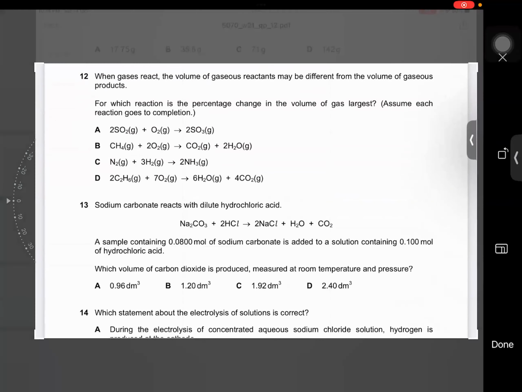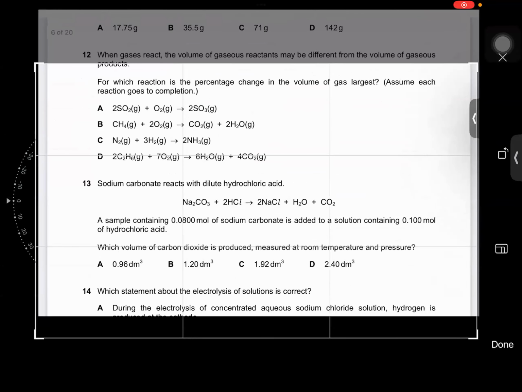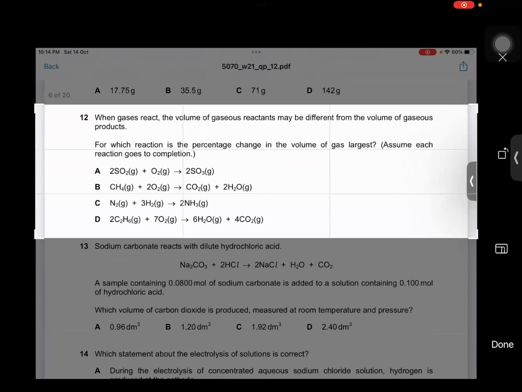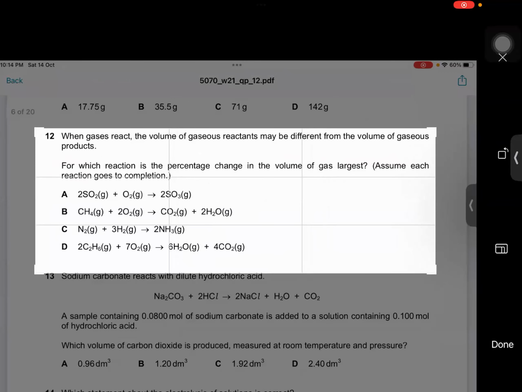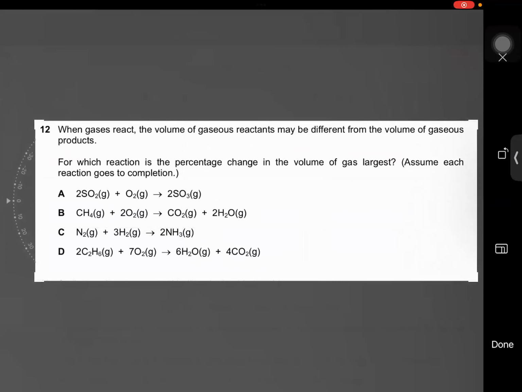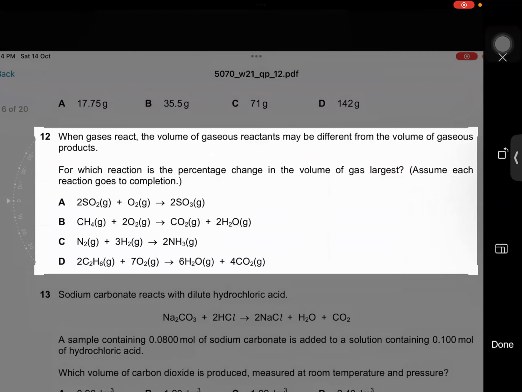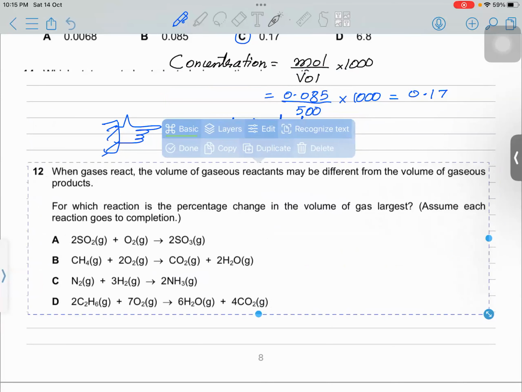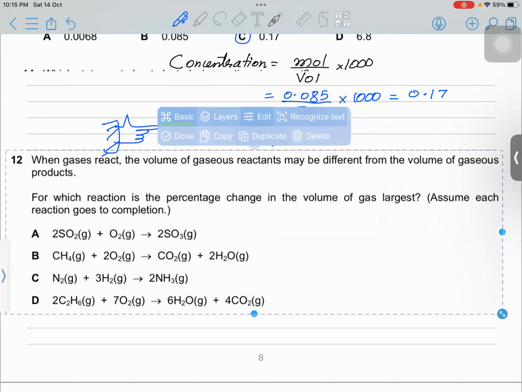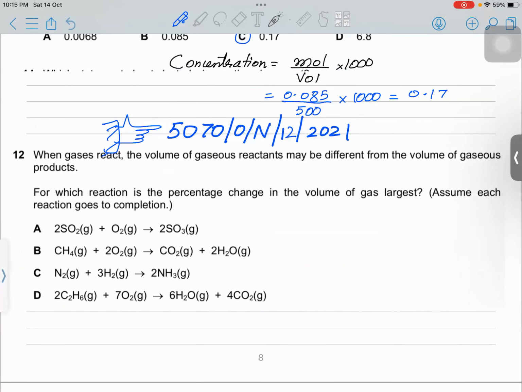First question number 12. For which reaction is the percentage change in the volume of gas largest? Yes, solve.